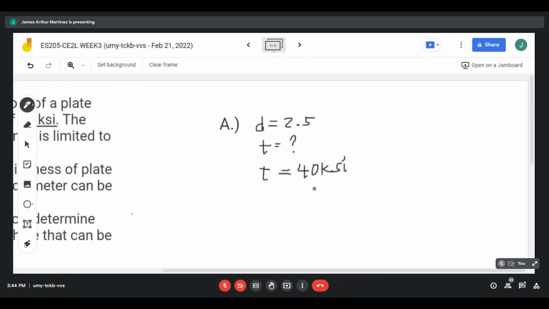So what is this compressive stress? 50 KSI is its limit for compressive stress.